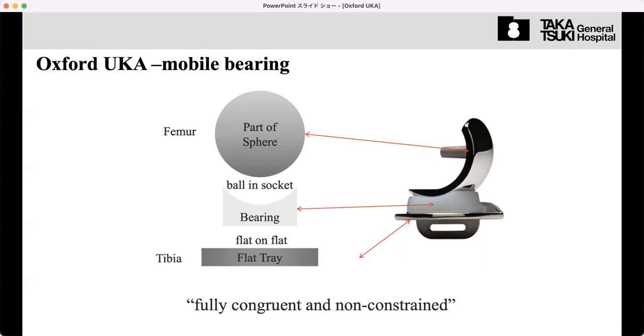Similar to the native meniscus, this meniscal bearing moves between the femoral and tibial components completely passively. So this is a very amazing innovation: instead of changing the bearing like the meniscus, the shape of the femoral component changes.